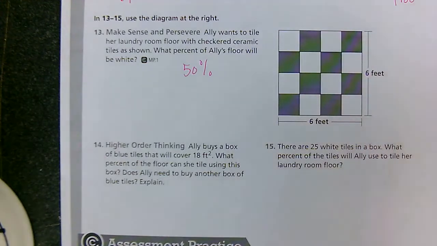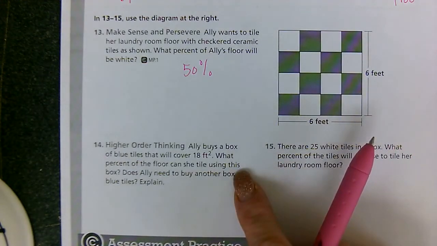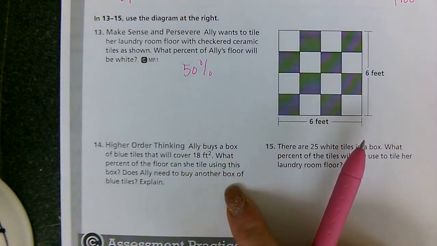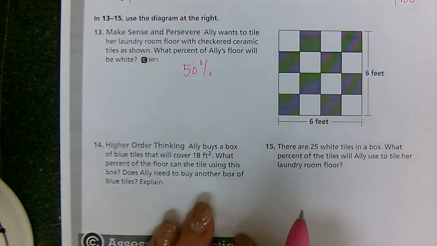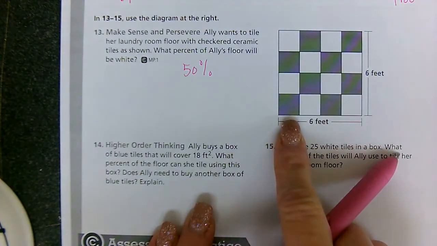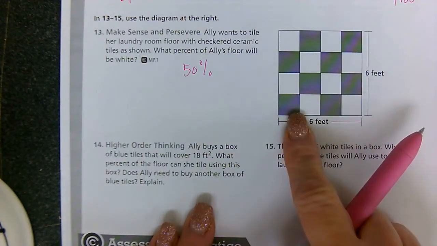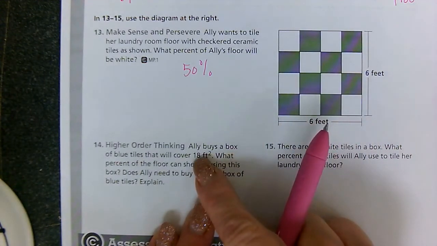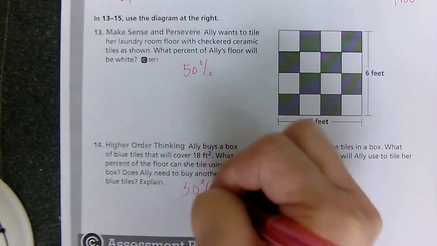So you're really taking half of that. What percent of the floor can she tile using this box? Okay, so we're on this one, and once again, we're taking half of it, because we just figured out that 36 feet's what's here, half of that is 18 feet, so she only needs another 50%.